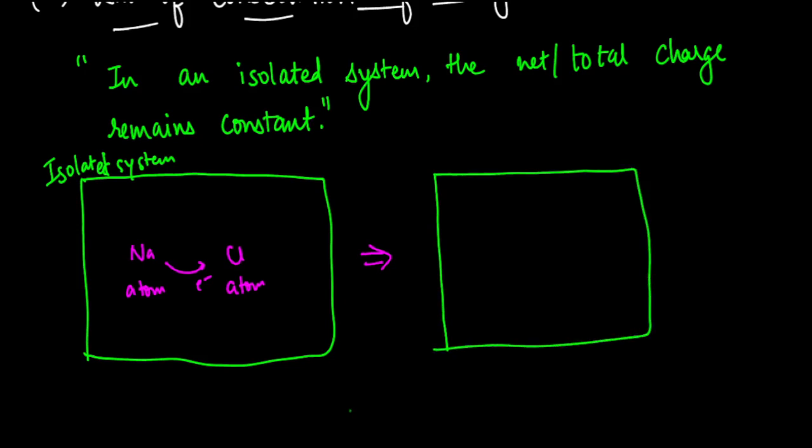Without any external force, the sodium atom will give up its electron and become Na plus, and the chlorine atom takes up that electron, so it becomes Cl minus.